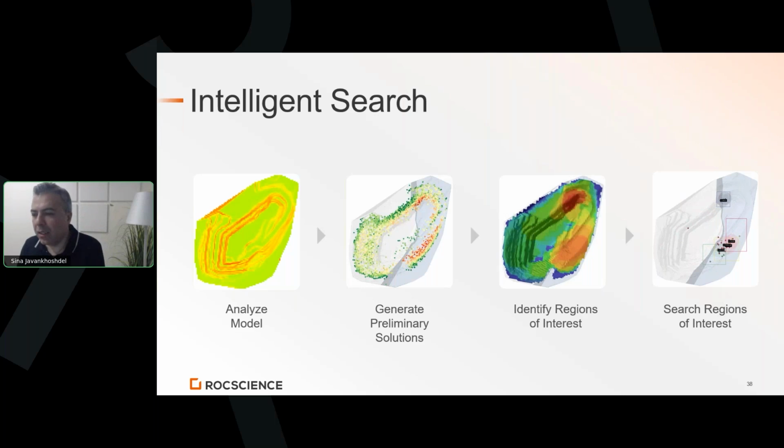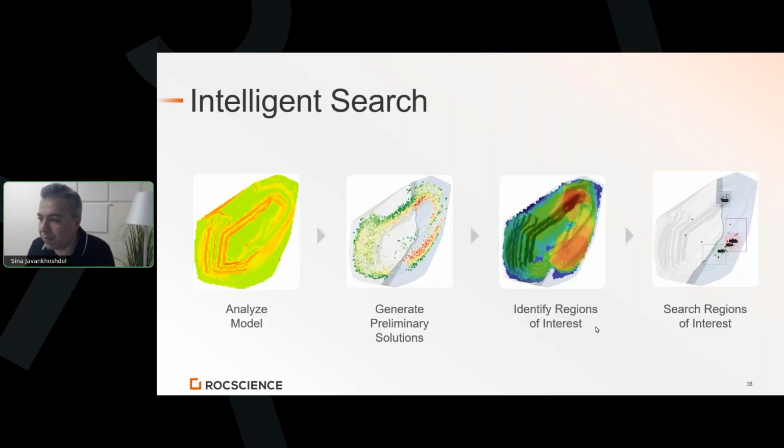We said, do not do a random search like other search techniques. Let's start by analyzing your model and see where you have a steeper slope, where you have more critical conditions. Then we generate some preliminary solutions, some initial slip surfaces, a lot of them.